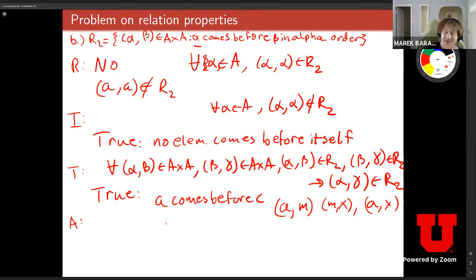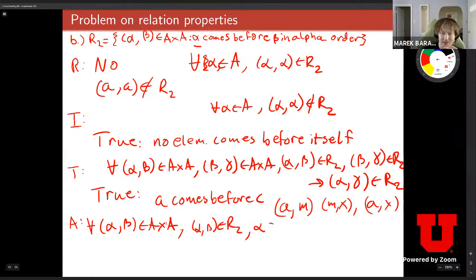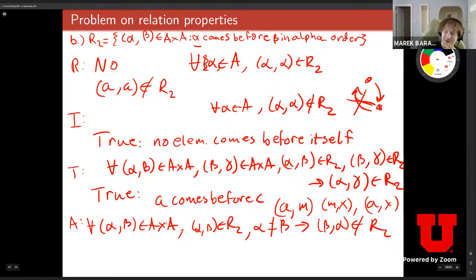Everyone good with that? And then for anti-symmetric, we have for all alpha, beta in A×A, alpha, beta in R2 and alpha does not equal beta implies beta, alpha not in R2. You can remember this one as, for every arrow between distinct elements, you don't have a backward arrow.